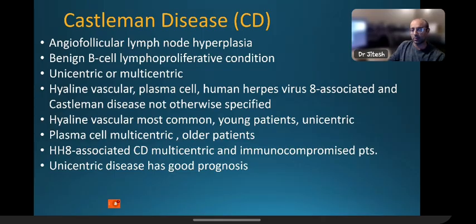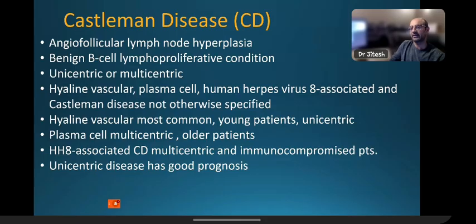So hyaline vascular is the most common, in young patients, and usually unicentric. Whereas plasma cell and HHV8 associated diseases are mostly multicentric and occur in older patients. HHV8 associated disease is seen in immunocompromised patients.